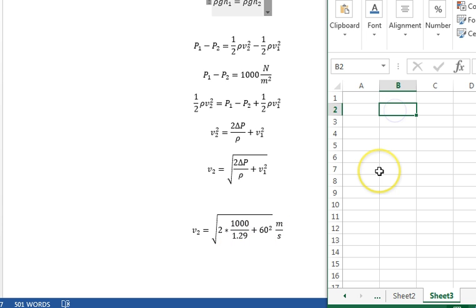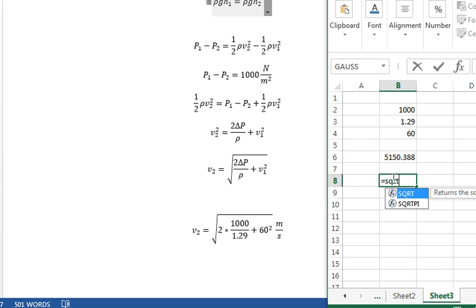So I'm going to put in 1,000, the 1.29, and the 60. I'm first going to calculate 2 times 1,000 divided by 1.29 plus 60 squared. Double check that. Okay. And now we're going to take the square root.